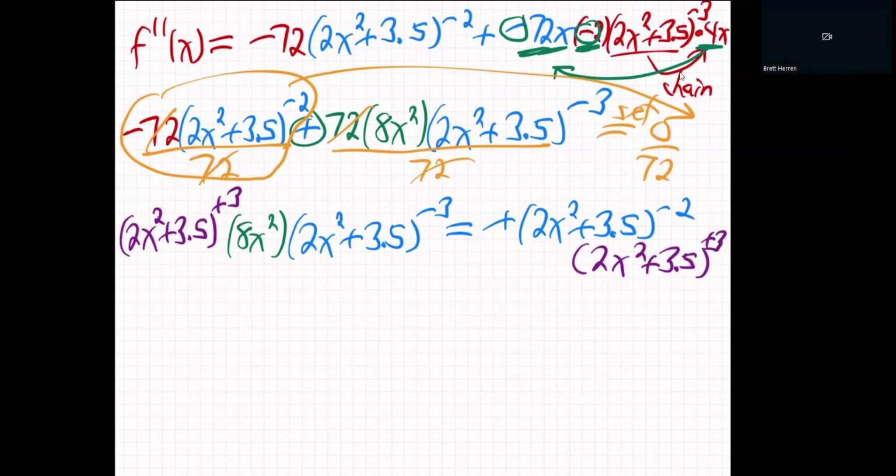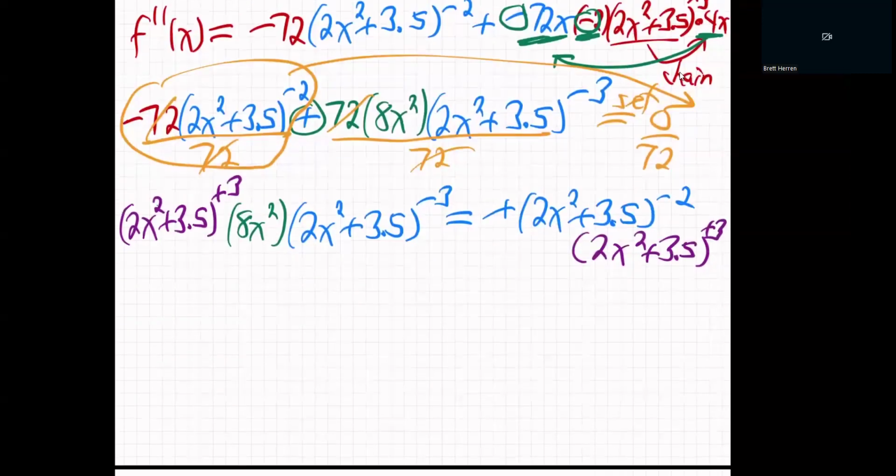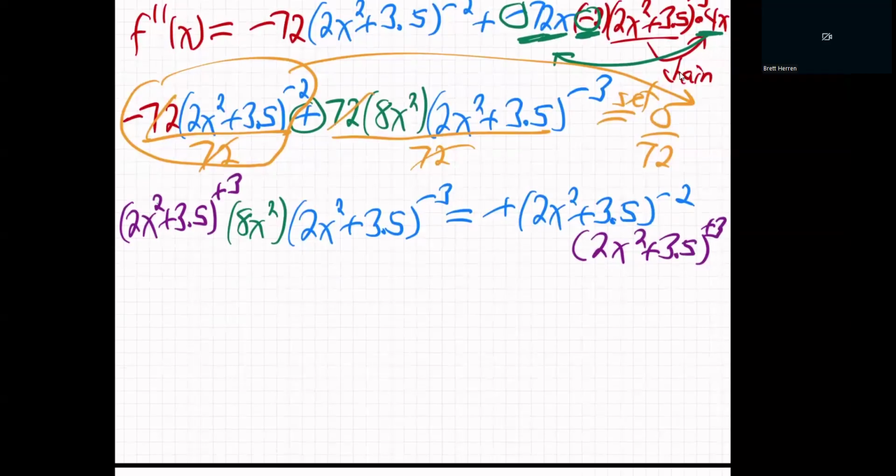Watch what happens. First off, what happens when the same two things multiply? What if you have some kind of expression to the third power and some other expression to the negative third? Remember, powers add.